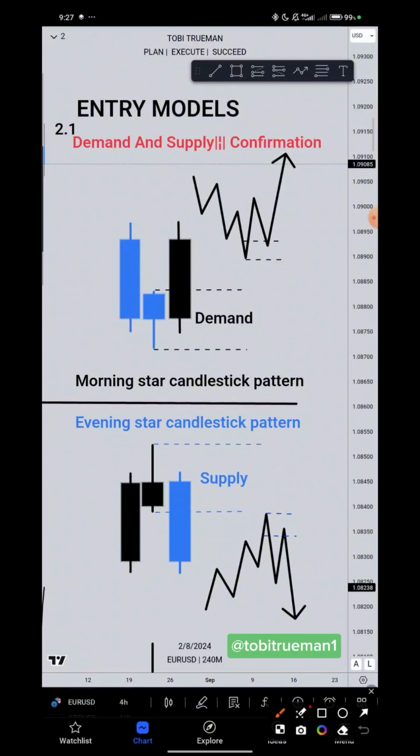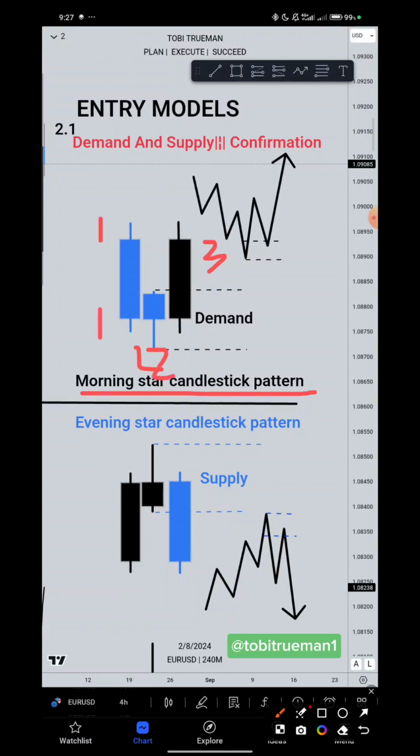First, we know our first candlestick, second candlestick, and third candlestick. This type of candlestick formation is called the morning star candlestick pattern. You would have known this already from the trading candlestick bible and from the previous model I've explained. Now we know that this is the first candlestick.